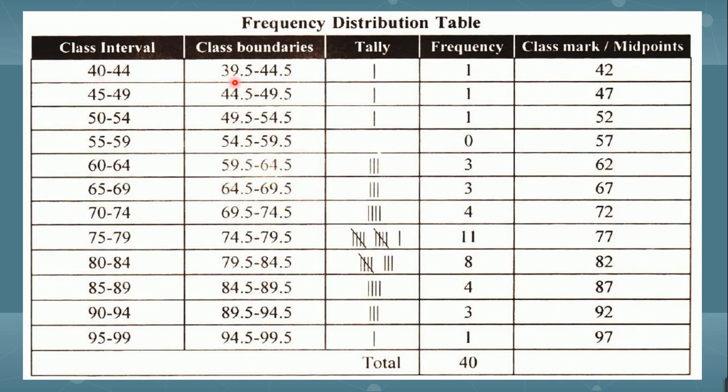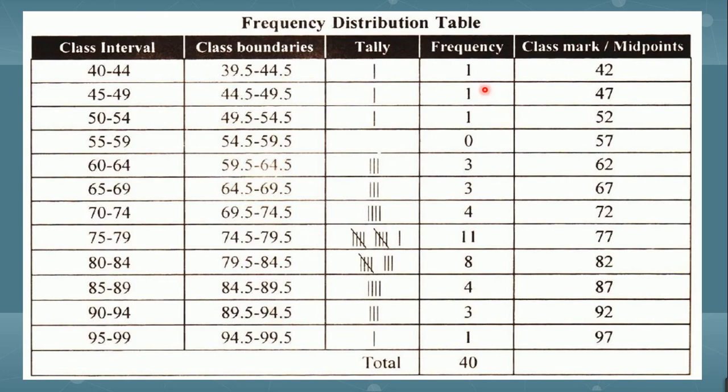Subtracting 0.5 from the lower class limit, it becomes 39.5. Adding 0.5 in the upper class limit, it becomes 44.5. And similarly write the class boundaries for the other class intervals. So class boundary for this class is 44.5 to 49.5 and so on.